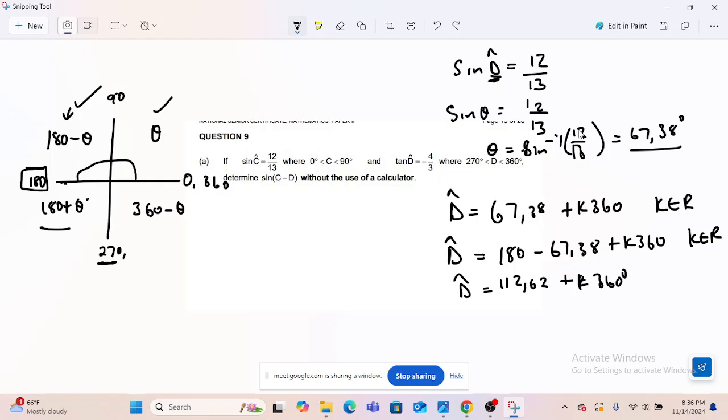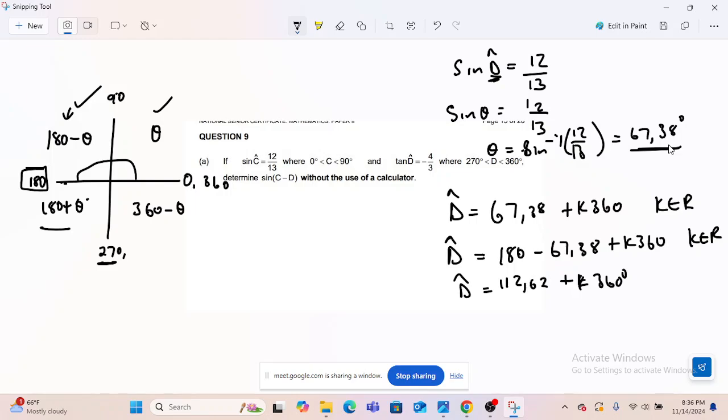But keep in mind whether the ratio here is negative or positive. When you find this theta, make sure that theta is always positive. The fact that the ratio was negative tells me which quadrant I'm going to use, because you look at the negative as the director that directs you to which quadrant you're going to use.